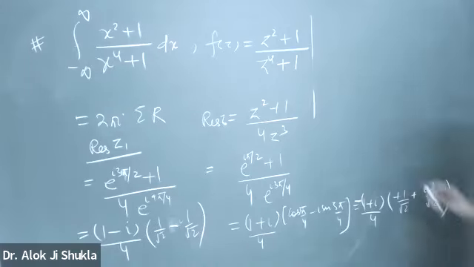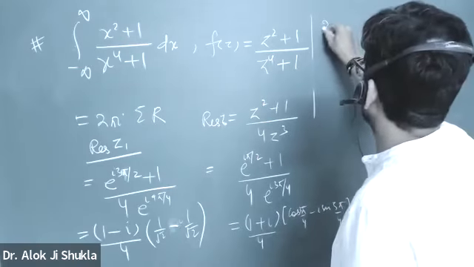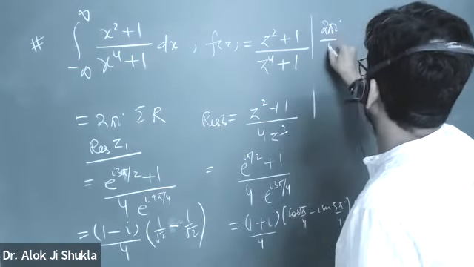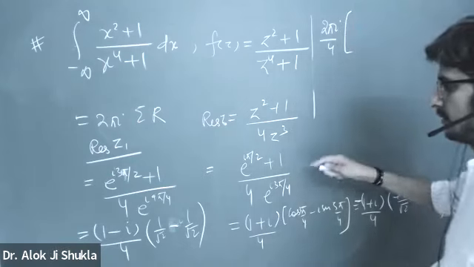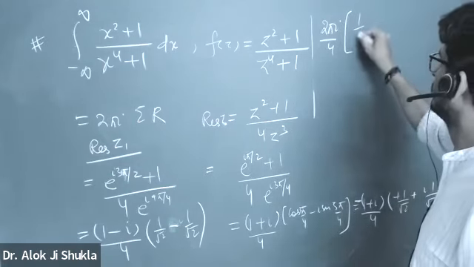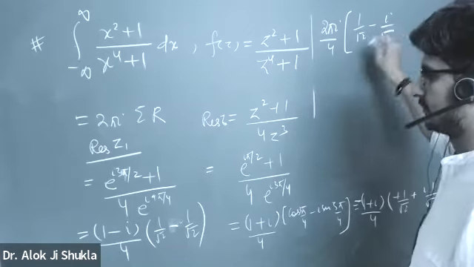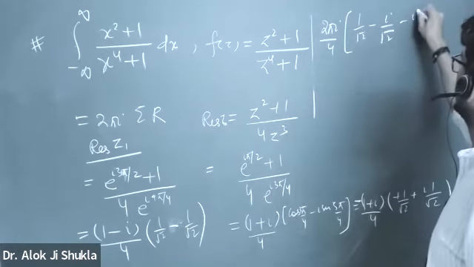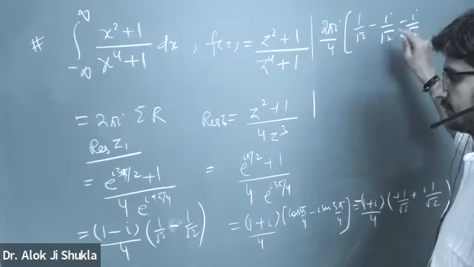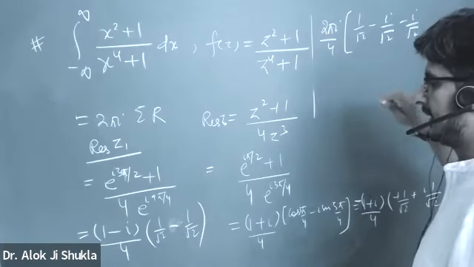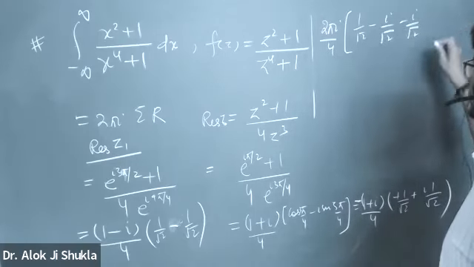So what will happen? Let us write 1 by 4, 2 pi I by 4. What we will get? 1 by root 2, minus I by root 2, minus I by root 2, and minus 1 by root 2, right?